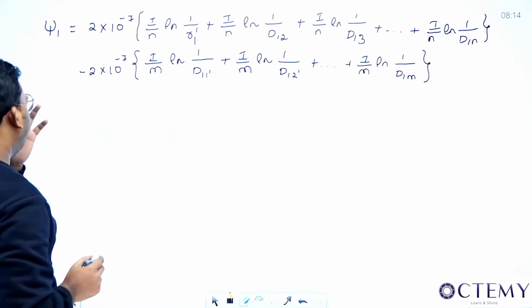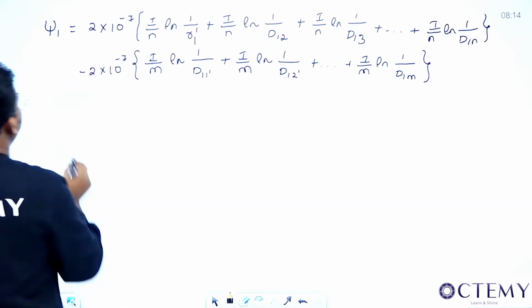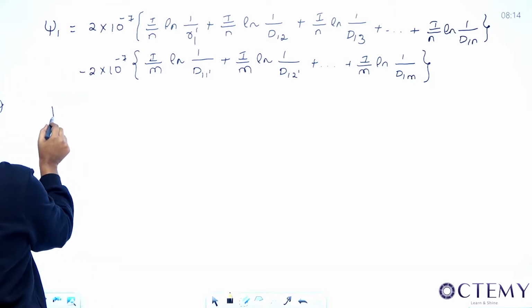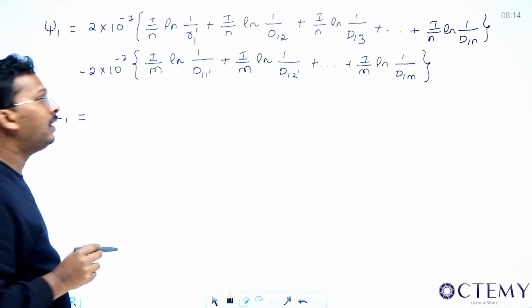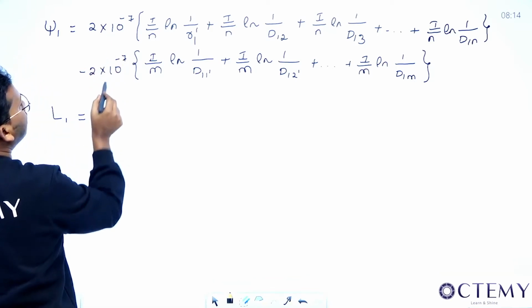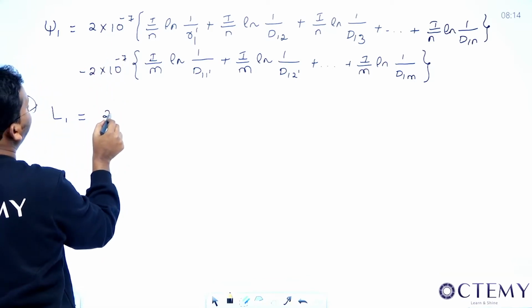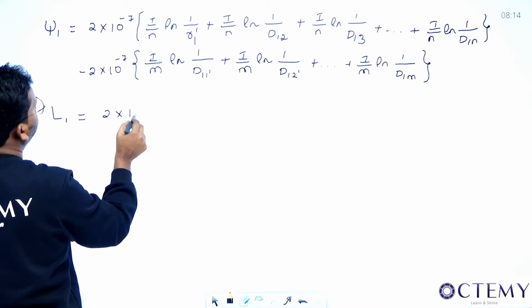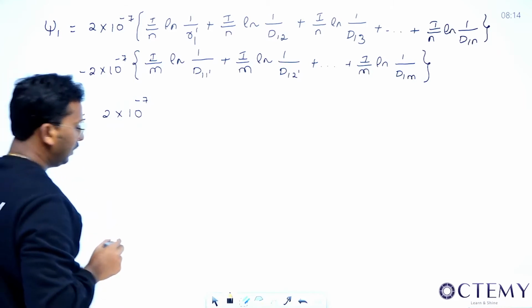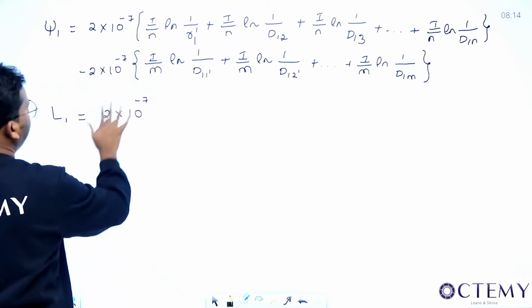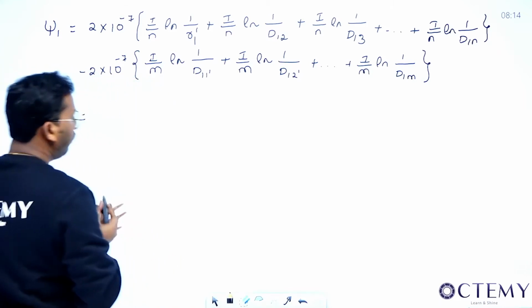If I want to find the inductance L1, what will be the inductance L1? To do that, let us take this 2 into 10 power of minus 7 common. Let me write this first.